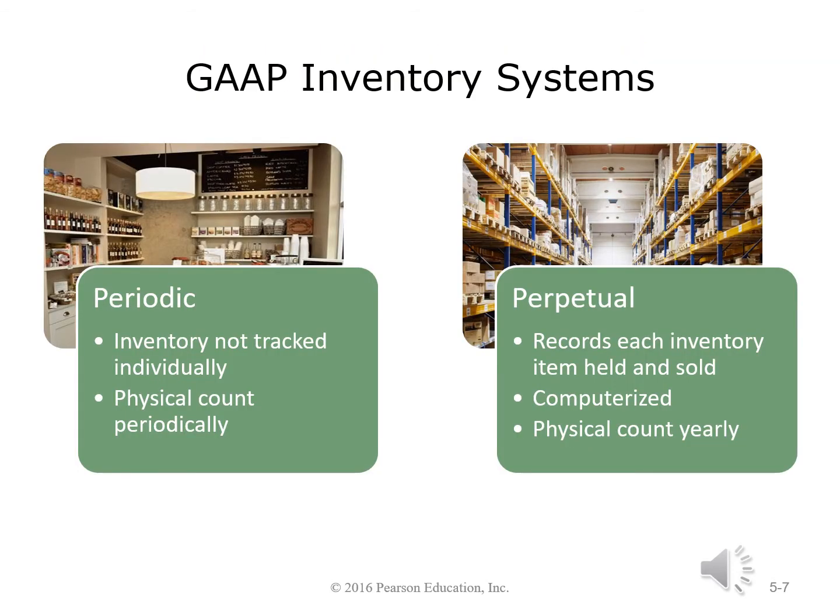There are two main types of inventory accounting systems that help us keep track of the value of inventory that we have on hand. That's inventory that we have not yet sold to customers. A periodic inventory system is a system that requires businesses to do a physical count of inventory to determine how much is on hand.